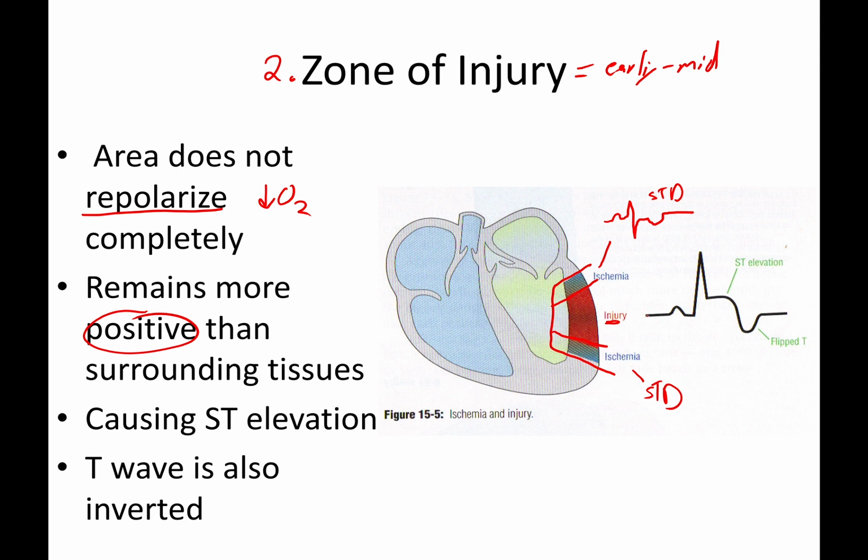And so as I draw my isoelectric line across here, you have ST elevation as well as flipped T waves. It's important to note that this is measured in millimeters. So when you're reporting to physicians, you can say that it's got a 3 millimeter ST elevation in lead, whatever you may be looking at.